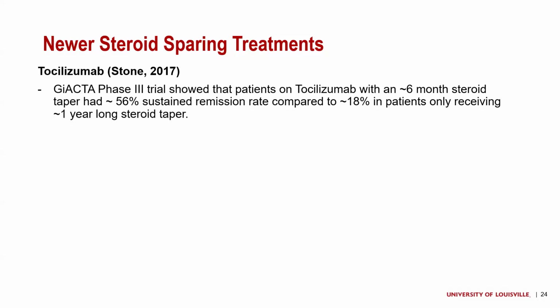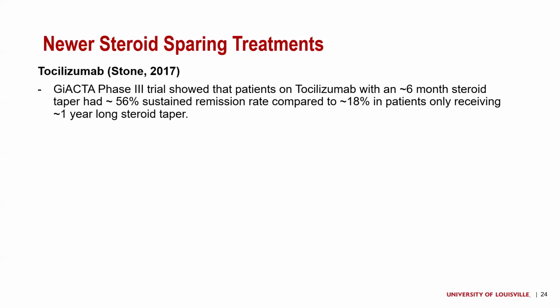They did a phase 3 clinical trial where they showed that tocilizumab allowed them to decrease steroids over the course of 6 months instead of over a year, and that these patients actually had improved remissions compared to patients who are just placed on steroids for roughly a year-long taper.